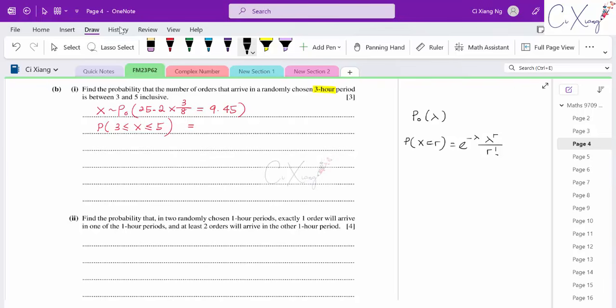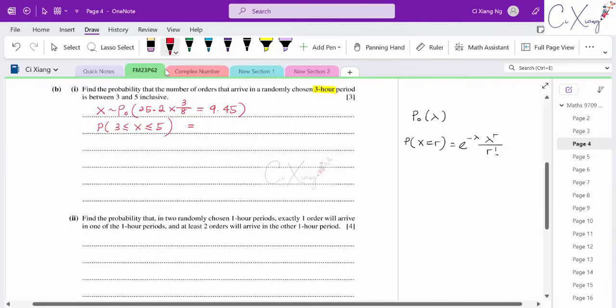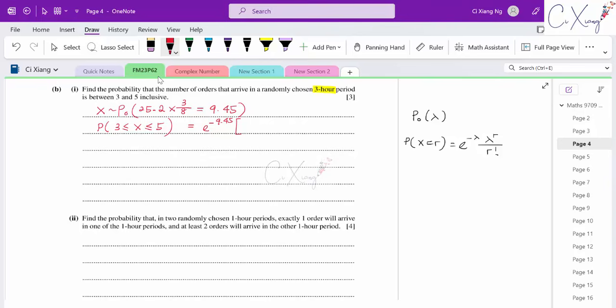So for X equals 3, I have e to the negative lambda times lambda to the power 3 divided by 3 factorial. Then for X equals 4, lambda to the power 4 divided by 4 factorial, and then lambda to the power 5 divided by 5 factorial.